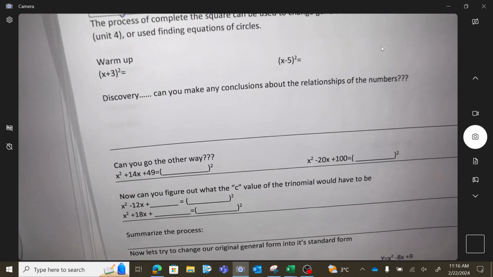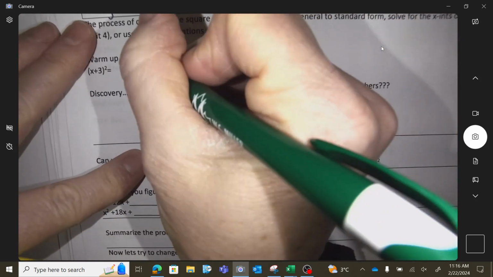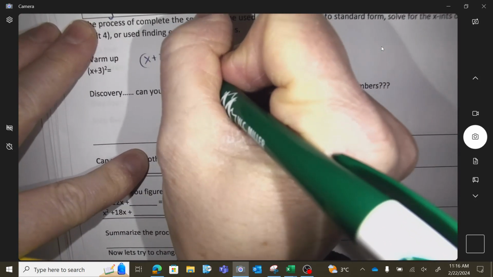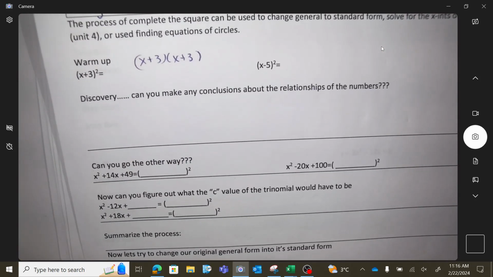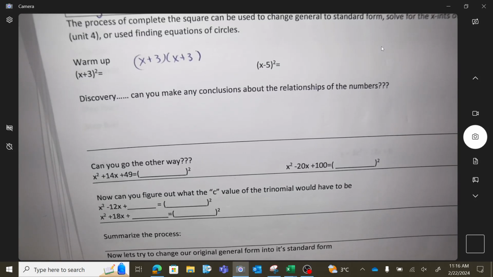Okay, so here's your warm-up. Can you square that for me? Can you square that for me? I want you to get me a trinomial out of that. So FOIL it. There's a collect in the middle, and what does it make? FOIL, collect, make a trinomial.